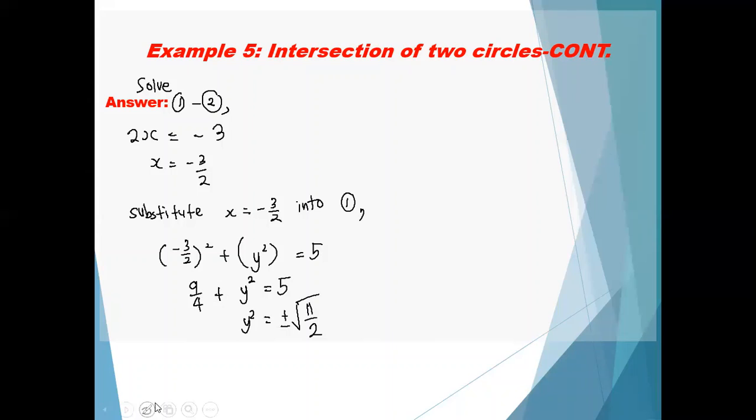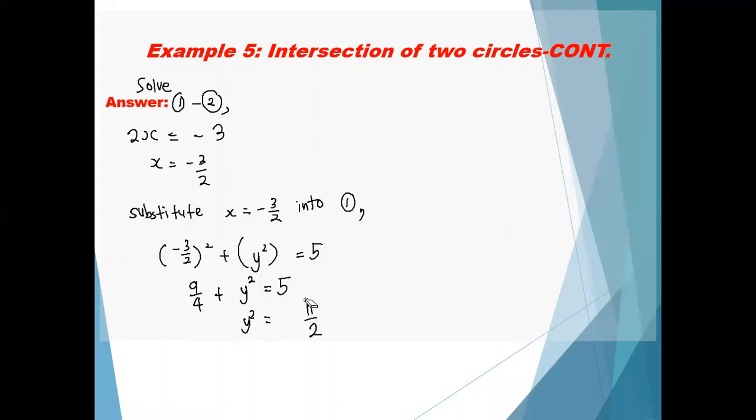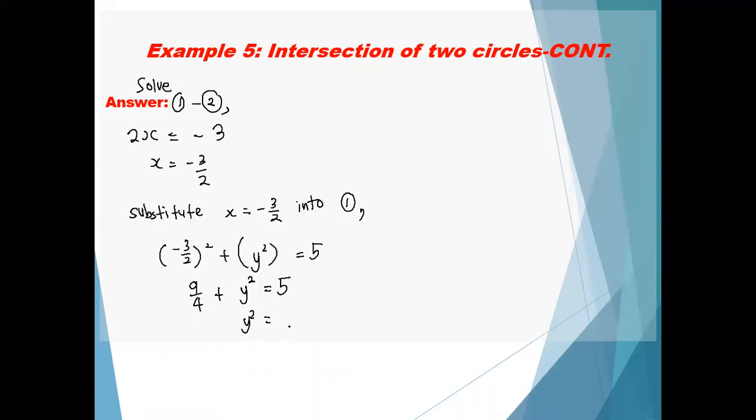Okay, I rewrite this one again. So you got y squared is equal to 5 minus 9 over 4.